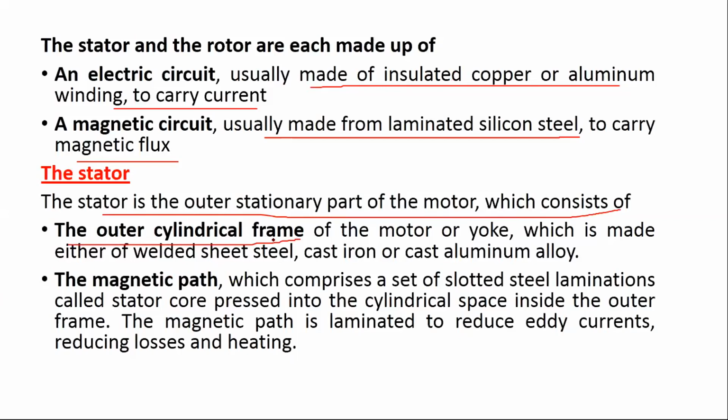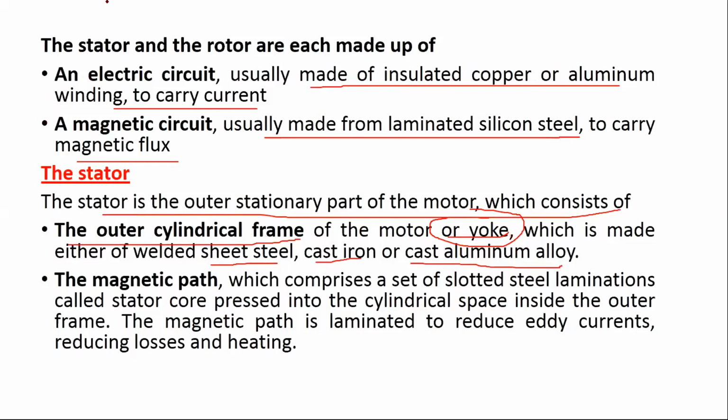The outer frame is also known as the yoke, and it is basically made up of sheet steel, cast iron, or cast aluminum alloy, so as to conduct maximum flux, right?